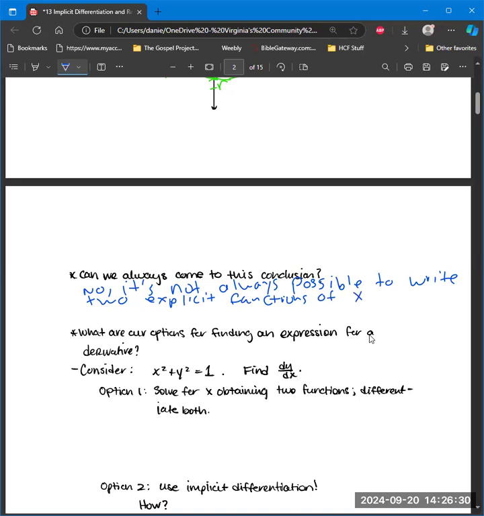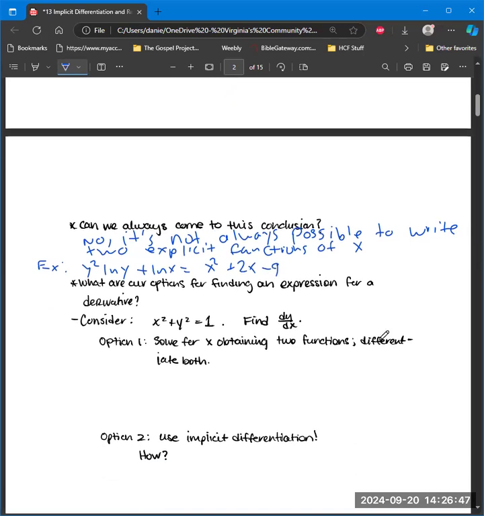So for example, we could have implicitly defined functions like y squared ln of y plus ln of x is equal to x squared plus 2x minus 9. You can't solve for x, you can't solve for y there.